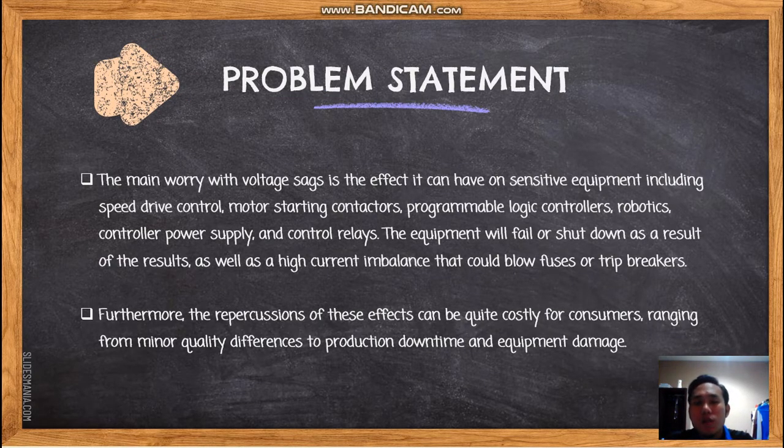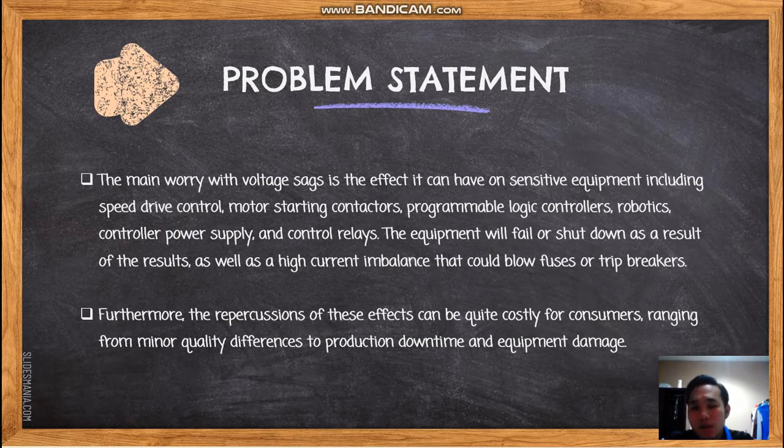Okay, then for the problem statement, the main worry with voltage sag is the effect it can have on sensitive equipment including speed drive motors, drive controls, motor starting contactors, programmable logic controllers, robotic controllers, power supplies, and control relays. The equipment will fail or shut down as a result.